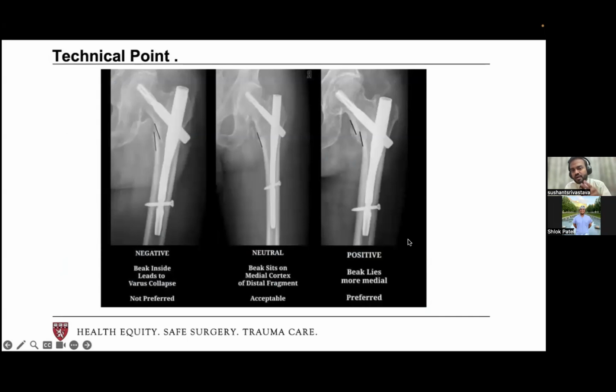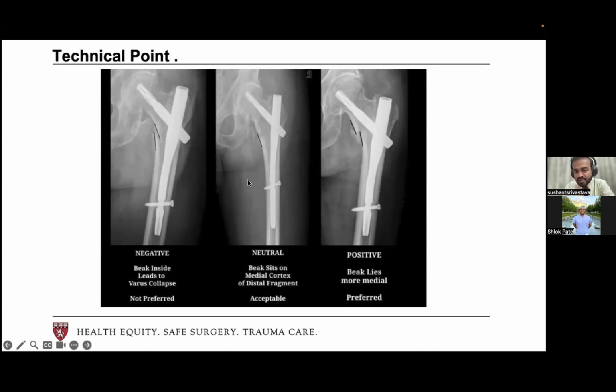Now, there are three important technical points which one needs to remember. What do you mean by a negative reduction, neutral reduction, and positive reduction in intertrochanteric fracture reduction? In negative reduction, the beak of the neck is inside, which leads to the varus collapse, and it's not preferred.